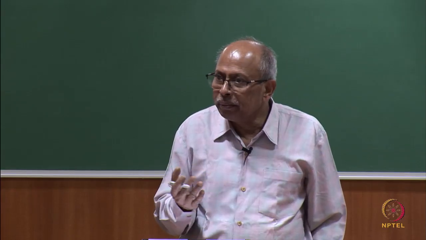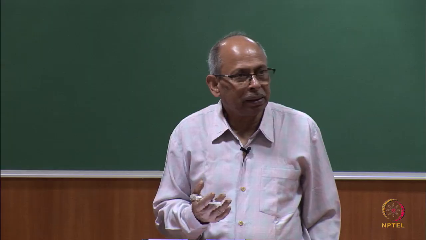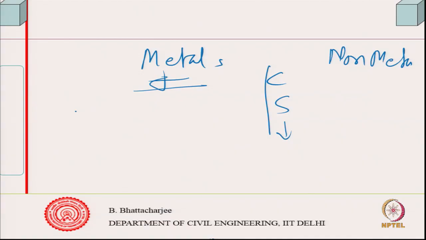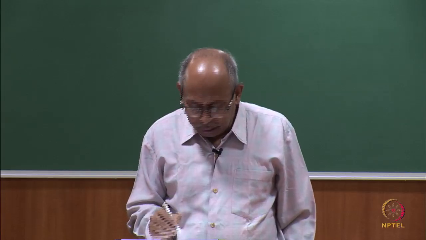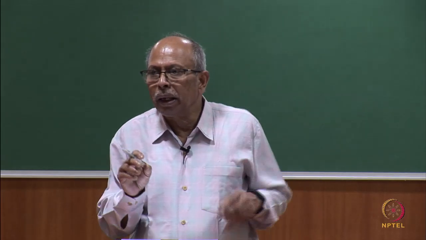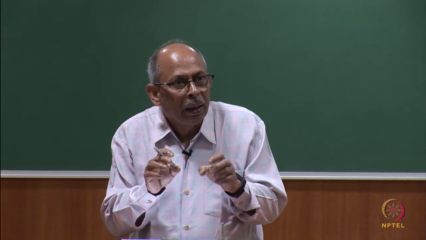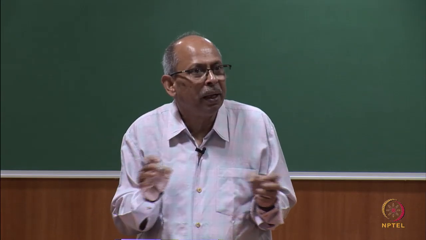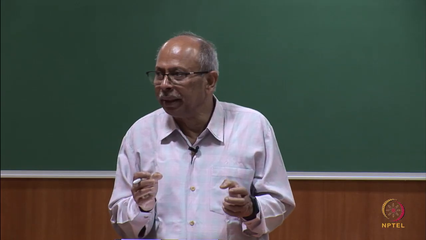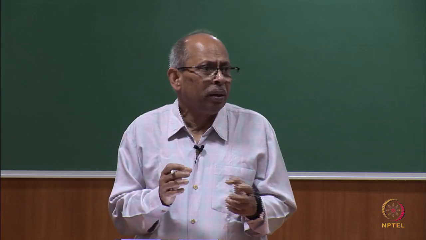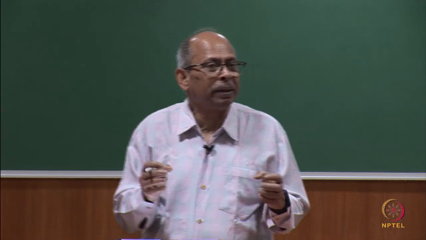If you look at the structure of metals, it is generally assumed to be polycrystalline, although we are not talking of the material right now, with all the metal nuclei assumed to be spheres, packed in a given manner like body centered cubic packing, face centered cubic packing, etc. So, they are packed.